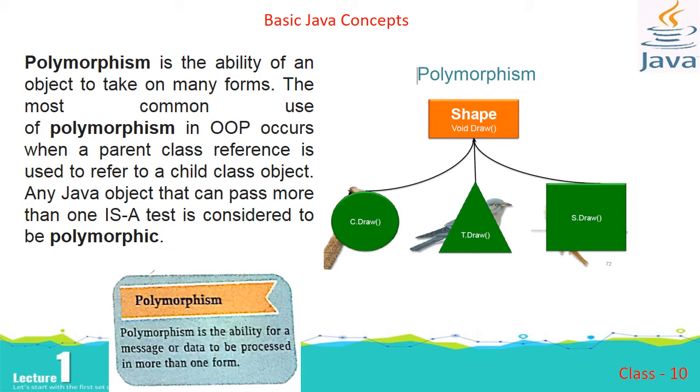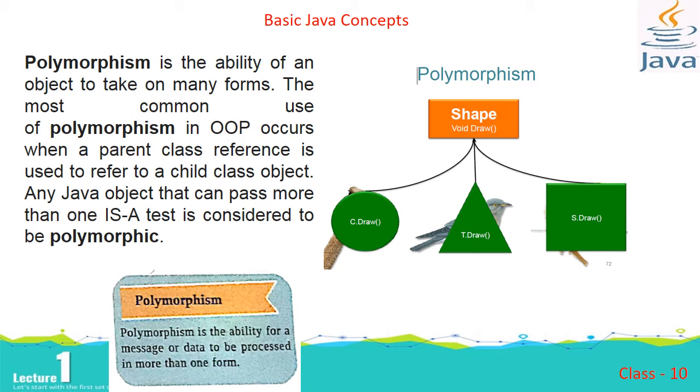Any Java object that can pass more than one IS-A test is considered to be polymorphic. Now here in the figure you can see I've drawn a shape. The shape can be a circle, a triangle, a square, a rectangle, or any polygon.